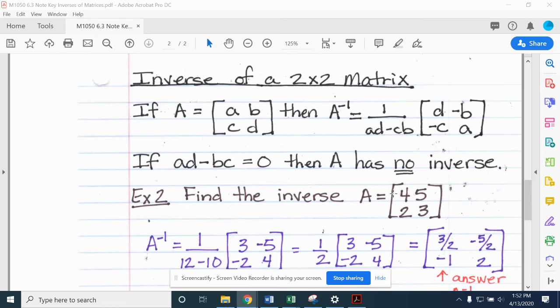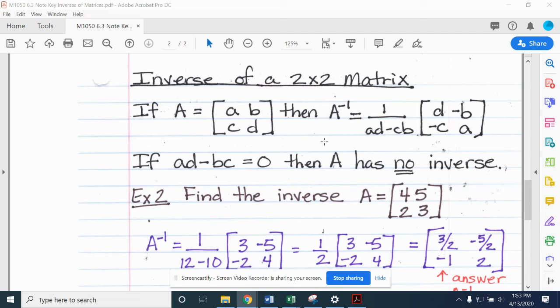The 2x2 is actually the quickest one. If you're given a matrix, each number in that matrix has an actual location, named by lowercase letters. So the first row is A, B, and the next row is C, D.